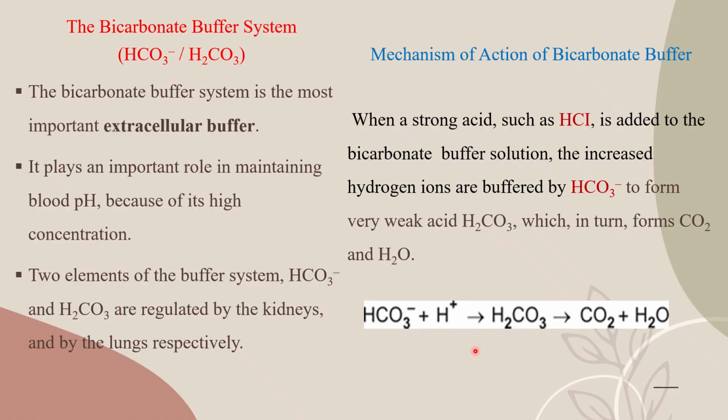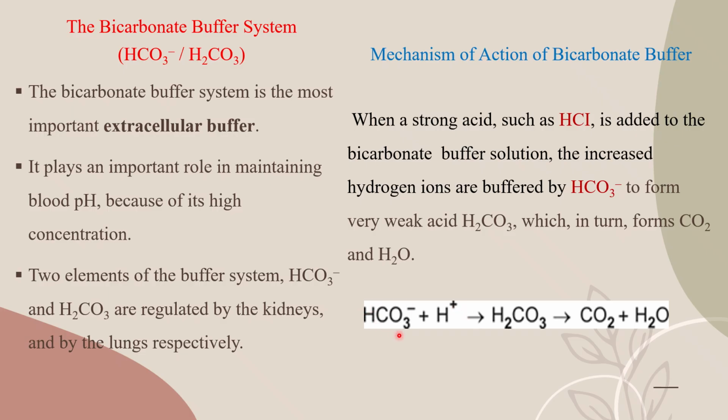You can see in this equation, if there is an excess of hydrogen ion concentration, like when the patient is in a metabolic acidotic state, the hydrogen ion concentration in the blood is very high, so that has to be scavenged.